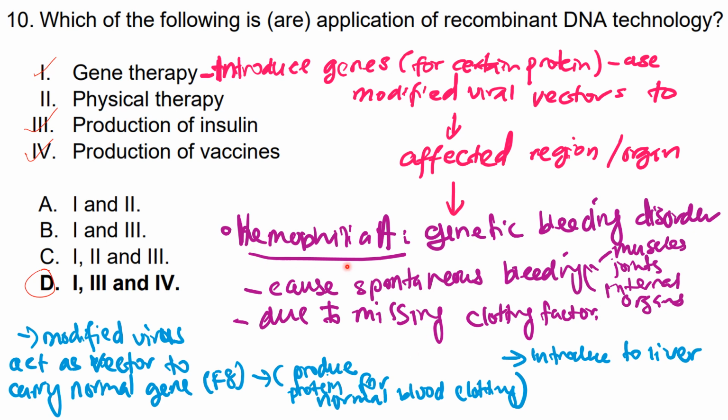In the case of hemophilia, you introduce the virus to the liver. The virus will then insert the gene into the liver cells, and now the body is capable of producing the normal protein for blood clotting.